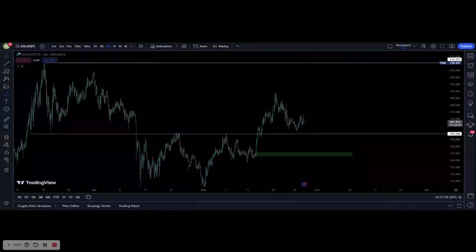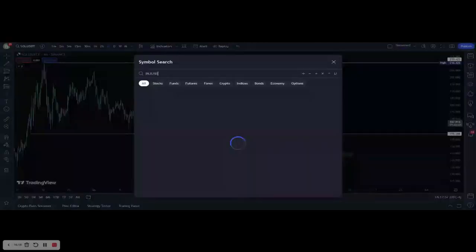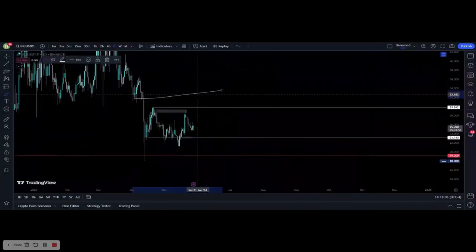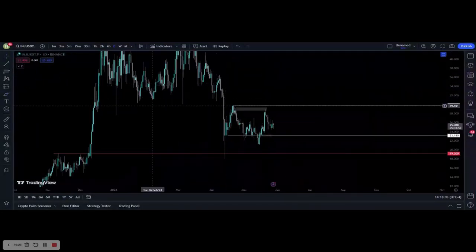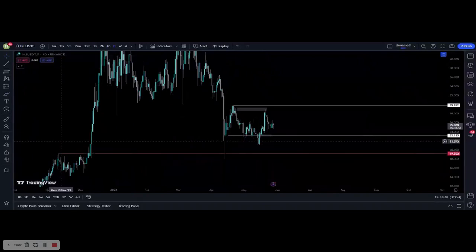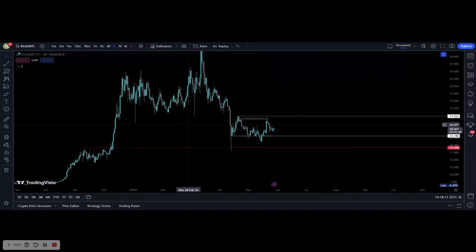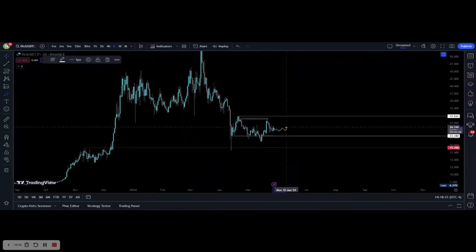Right. Next is INJ. Now the problem with INJ. For INJ, and a similar approach to FET as well, I think they need time, right?